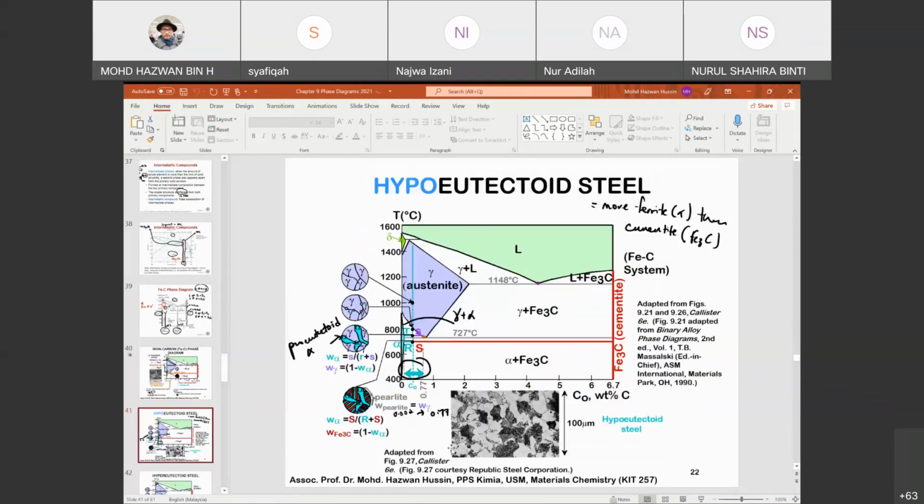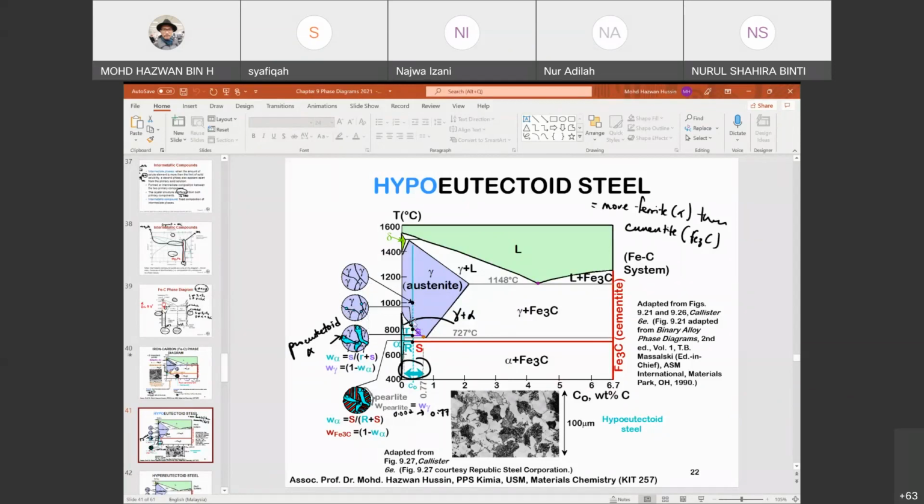We also looked through hypoeutectoid and hypereutectoid. Hypoeutectoid occurs in the range of 0.0022 to 0.77. The microstructure of alloys in this region, at higher temperature, is gamma austenite, polycrystalline gamma, and then going down there is formation of alpha, ferrite grains, at the phase boundaries.